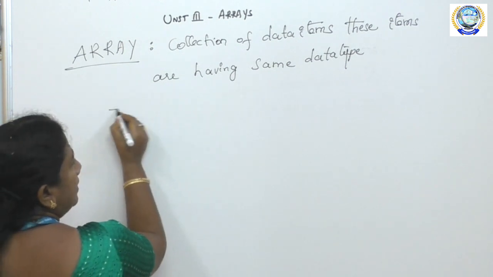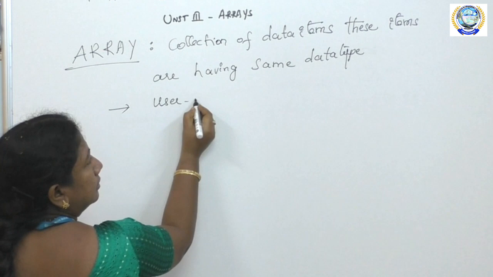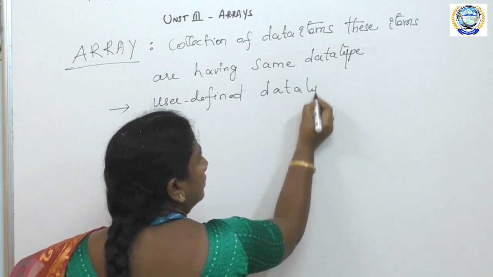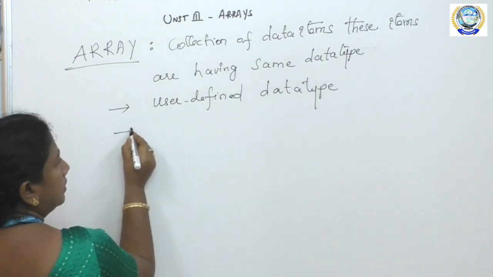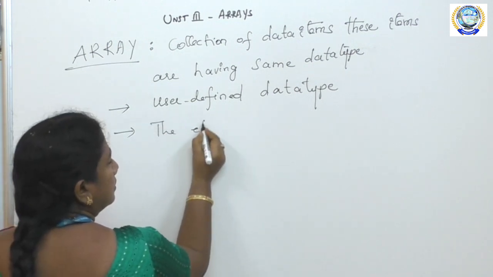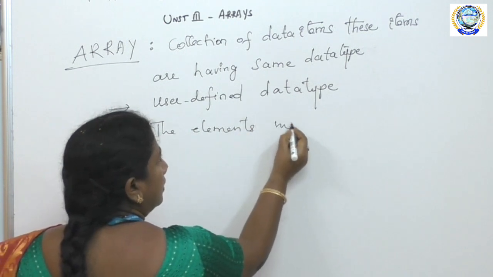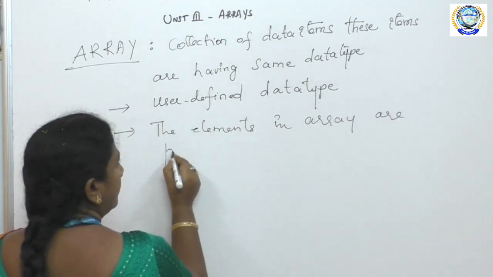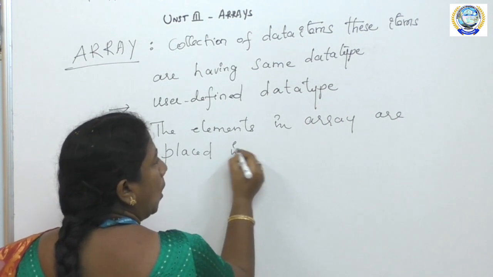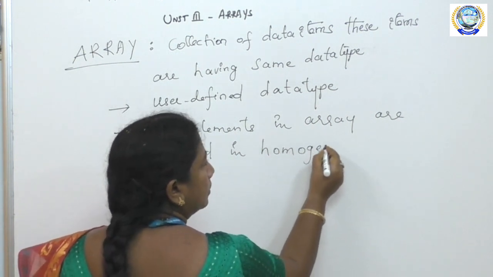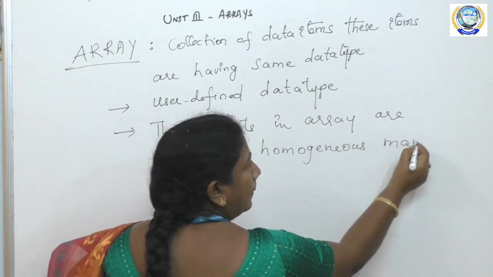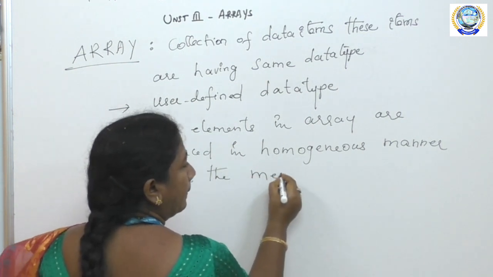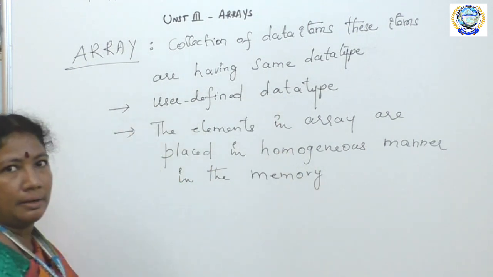Next, array is user defined data type. Next, the elements in array are placed in homogeneous manner in the memory.